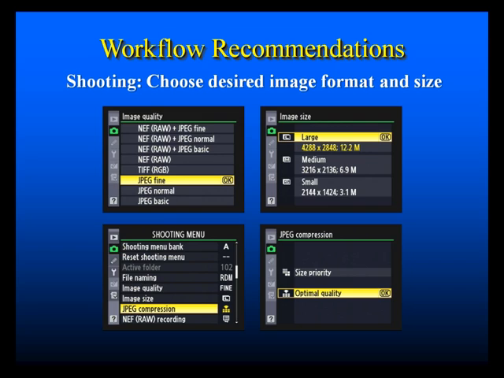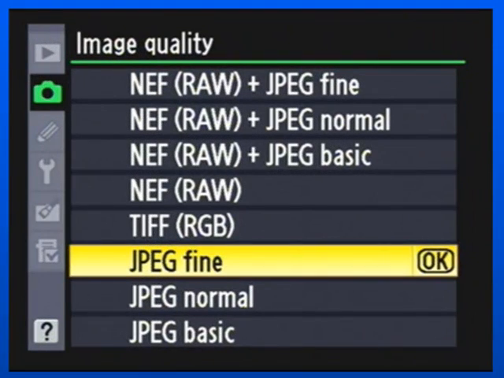I do have these other options though. You'll see I could shoot in TIFF, or I can even shoot in RAW, or a combination of RAW and JPEG. And sometimes it's handy to do that. Say if you're doing an important photo shoot, you might want to shoot RAW and JPEG at the same time. You'll take, say, 100 photos. You'll look through them. You scan them through as JPEGs. You delete the ones you don't want. You may be down to 10 or 20 photos at the end.